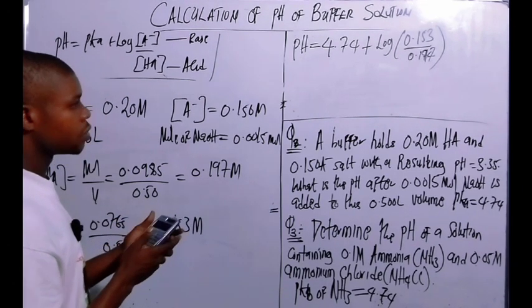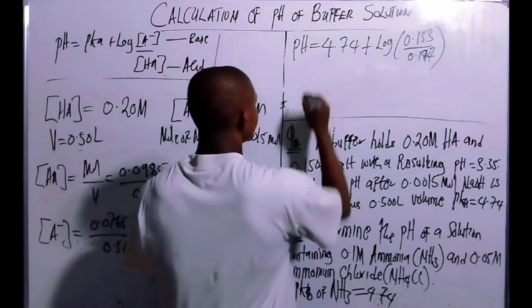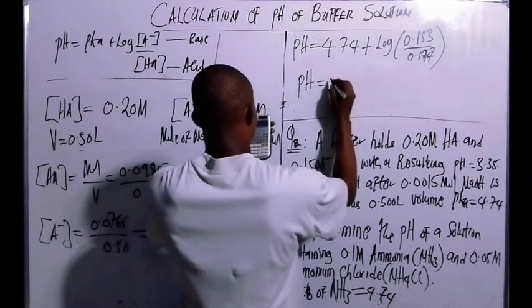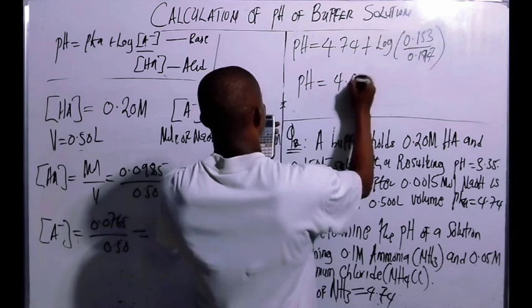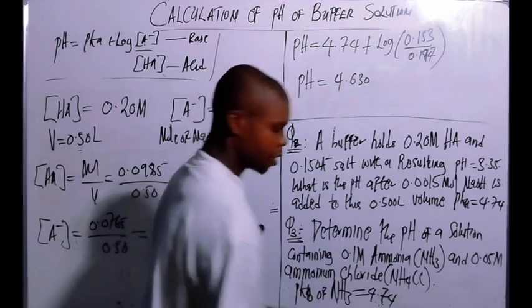Here I have my pH now. My pH is 4.630. Can you see that?